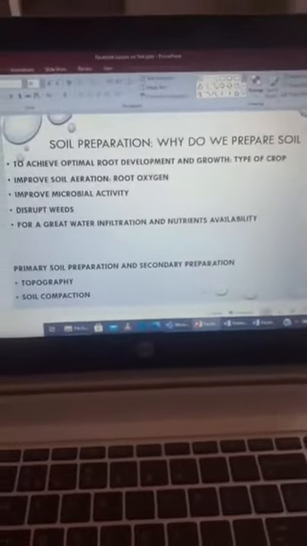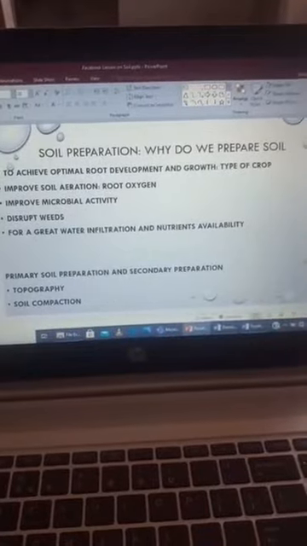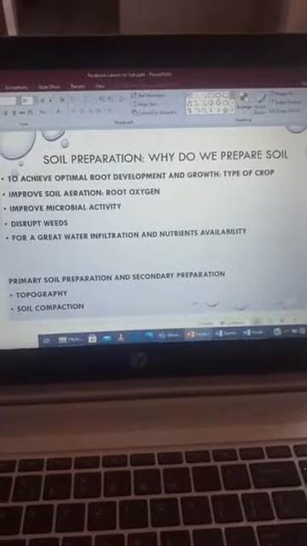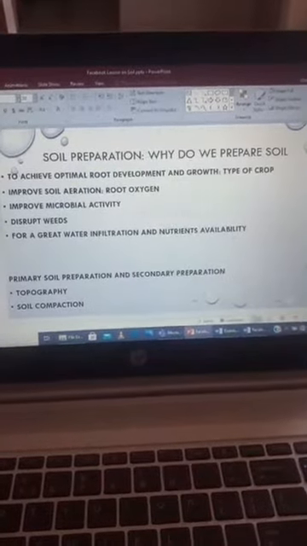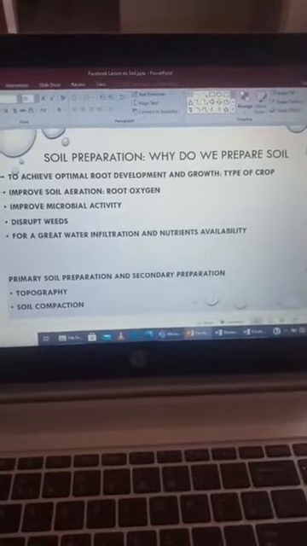Then there are systems that we use to prepare our soil. So I will just touch and go here. Primary soil preparation and secondary soil preparation. So into kumele uyibuke umhlabathi wakho topography ume kanjani.